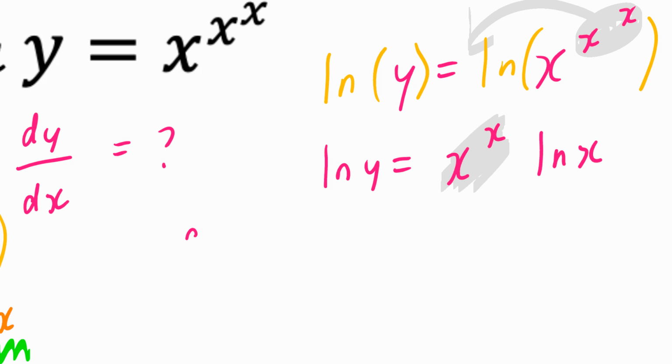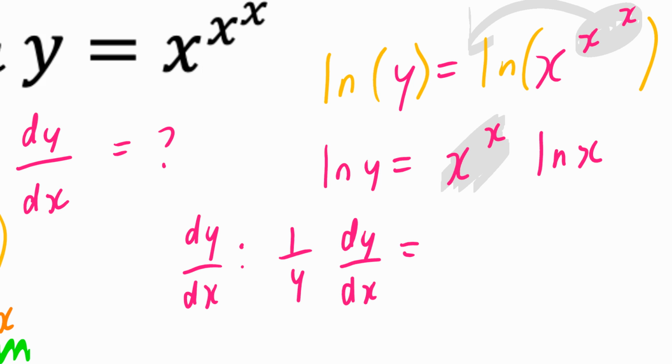When you find the derivative, dy by dx, you're applying implicit differentiation. On the left, when you find the derivative of ln y, that's going to be 1 divided by y times dy by dx. On the right, you're going to apply the product rule. Here's the first function. Here's the second function. When you find the derivative of x to the power of x, you have to go back to the first example.